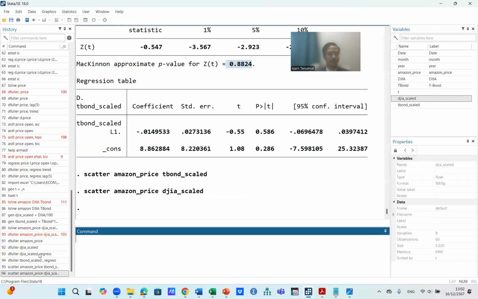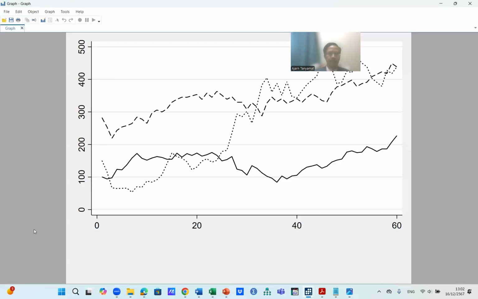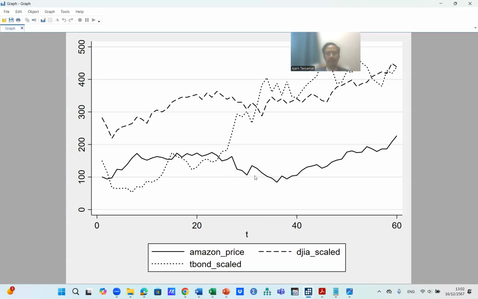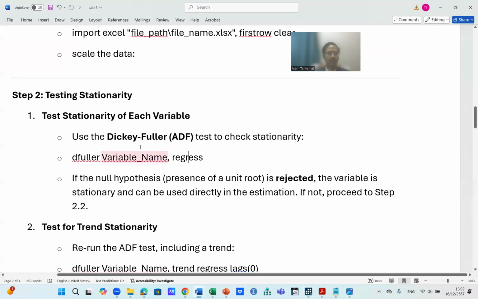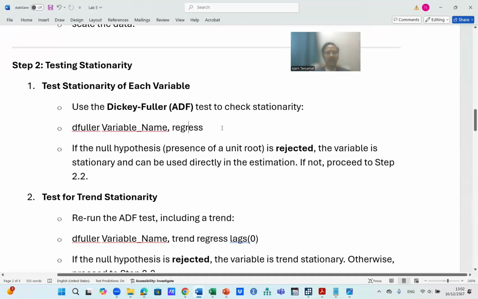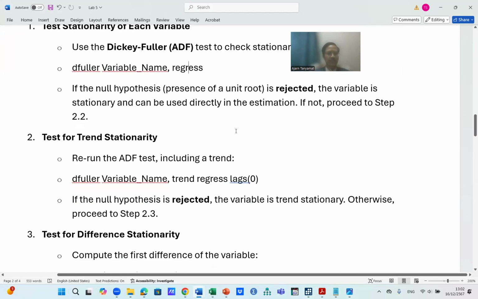Remember that we plotted the time series line before, and we showed that both the Amazon price and DJIA have an upward trend. So that's kind of beside the point here. Thing is that we tested for stationarity. In my case, none of these variables are stationary.